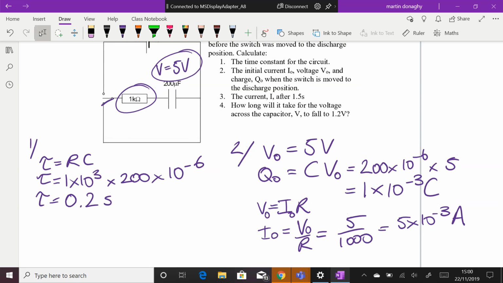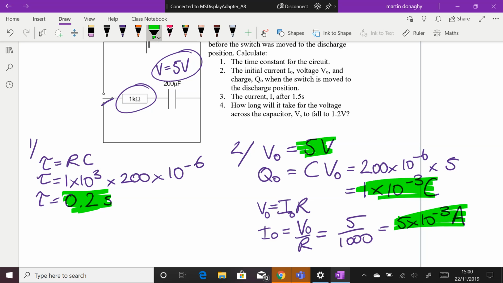That's about all that's new. Everything else after that just acts the same way as our radioactive decay that we were looking at before. It's understanding the circuit enough to get both your time constant, so you can put it into the equations, and these 3 initial values that allow you then to access the questions.